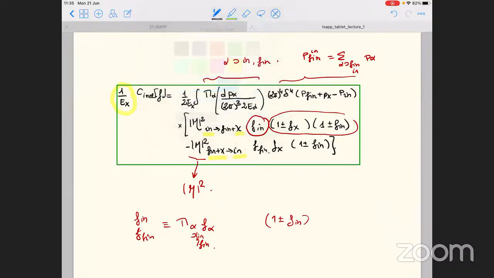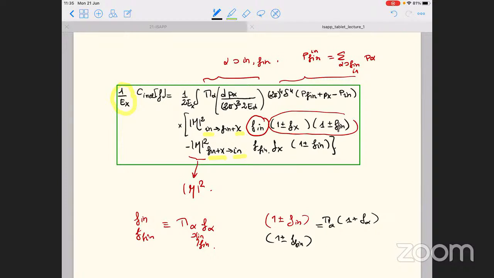There is a typo here, fin, okay? The factors 1 plus or minus f_fin are also products of 1 plus or minus f_alpha, where alpha are particles in the initial state and the final state.